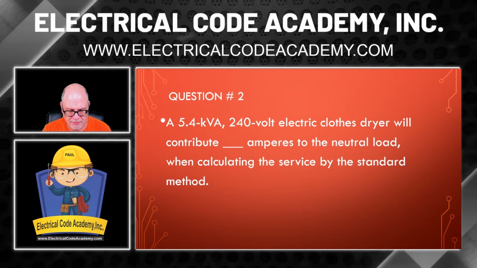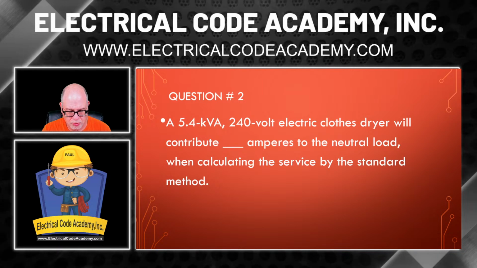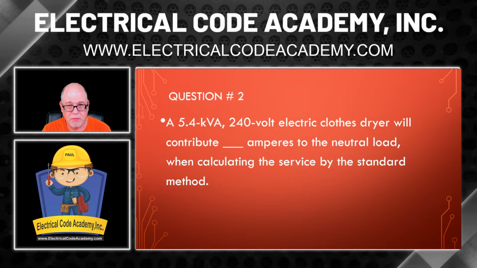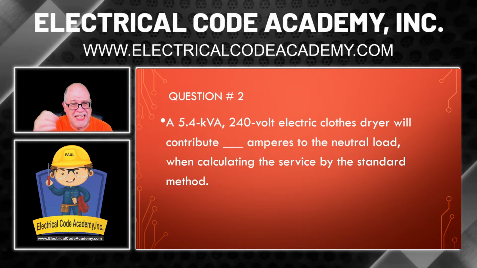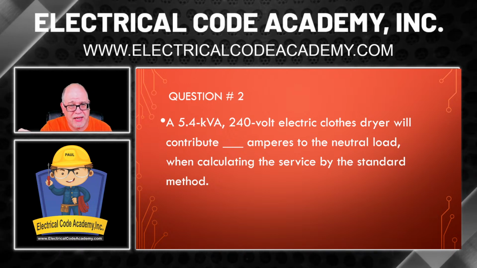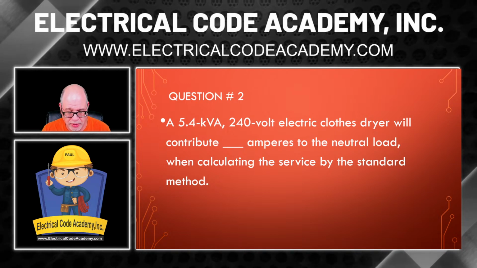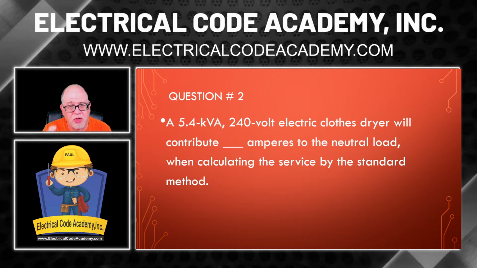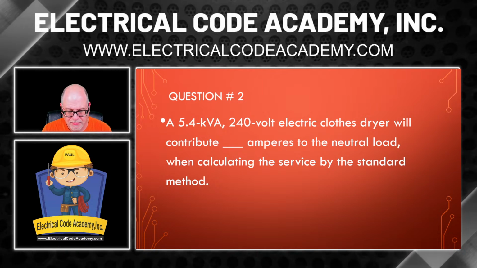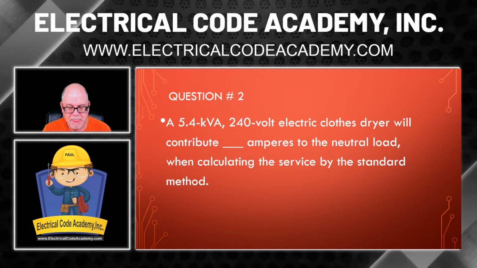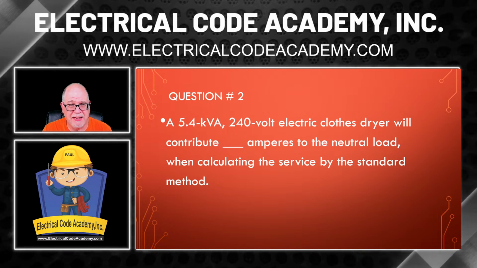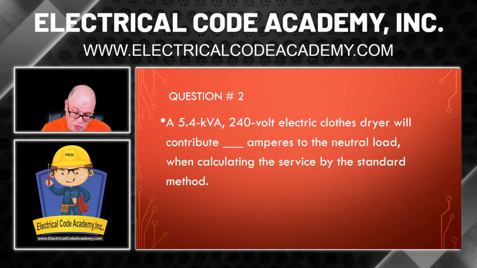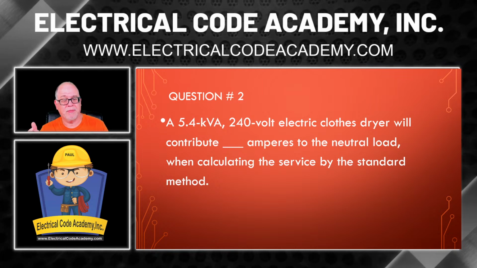Okay, so 5.4 divided by 240, okay? But you want to get this into VA, you want to get this into watts, okay? Or it's going to work out funky for you. So 5,400, okay? And we're going to divide that by 240, and that's 22.5. Okay, 22.5. Well, that's my amps.